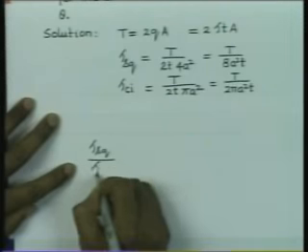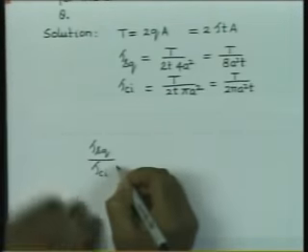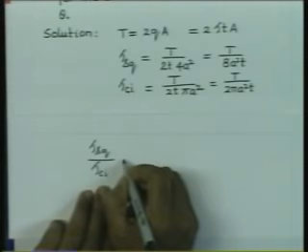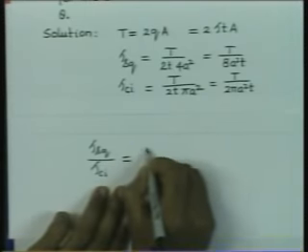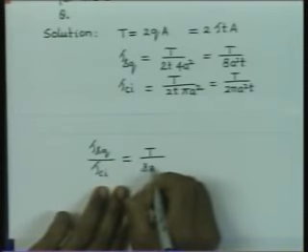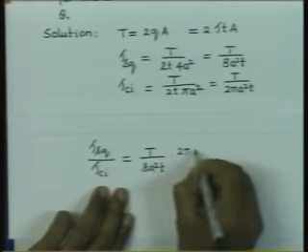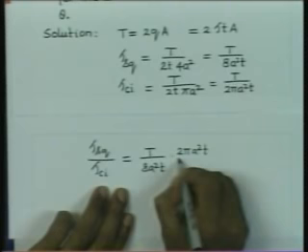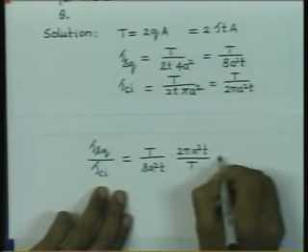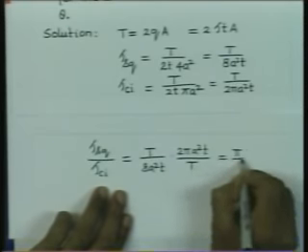So, if we now take the ratio, tau for the square over tau for the circle, T by 8 A square T divided by T by 2 pi A square T, this is pi by 4.